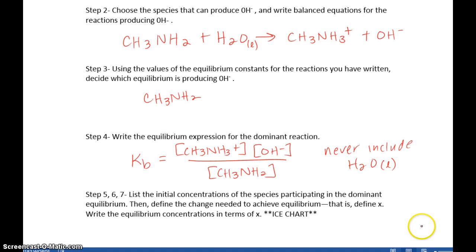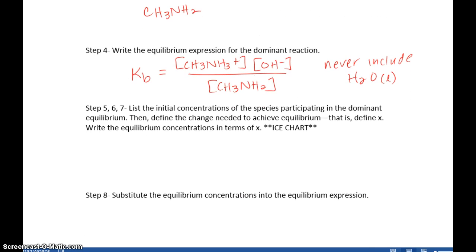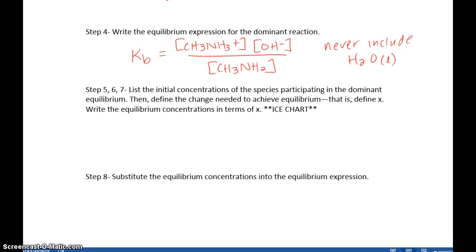It's not going to work. So now we're starting to combine some steps here. It says for 5, 6, and 7 to go ahead and make this ICE chart here. And so we'll write our reaction again. We'll write our ICE chart.